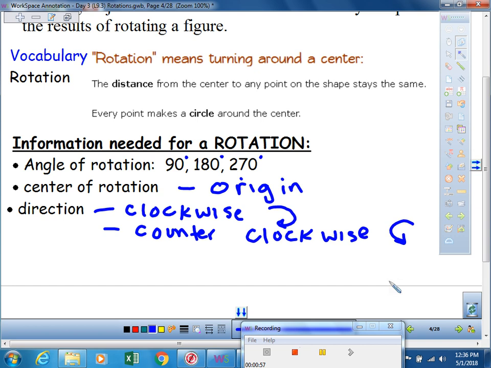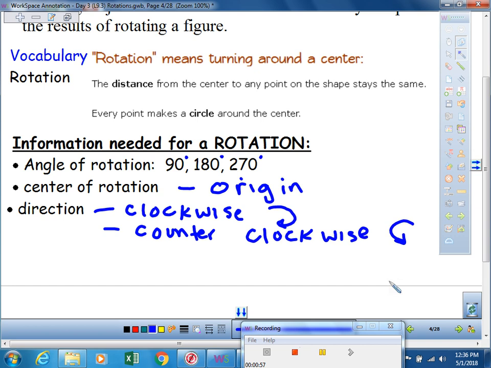Now, I can do the opposite. I can turn it this way, which is 90 counterclockwise. This one is 180. With 180, you don't say clockwise or counterclockwise because the paper looks the same, so you don't have to say either.